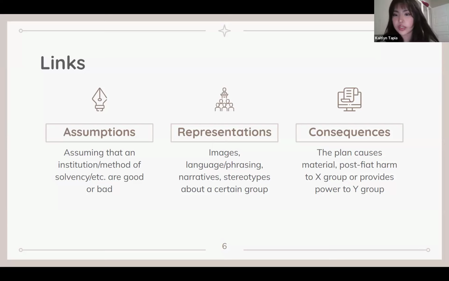The consequences link looks pretty different from assumptions and representations, but either way, you want to understand that a critique is challenging the underlying notions of the affirmative and not necessarily looking straight at the obvious outcomes of the plan.